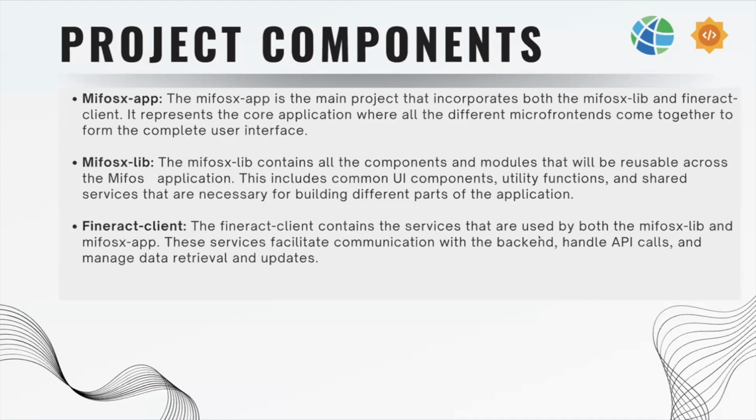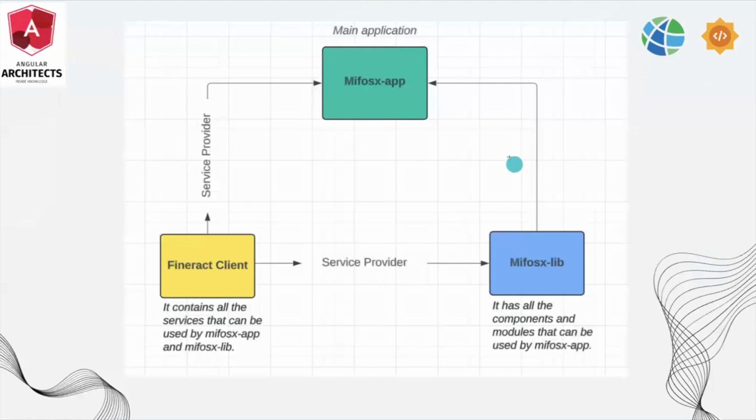And we have the Findia client. The Findia client contains all the services that interact with the backend API and provide the services to the Mifos library and the Mifos application as well. Next slide. Here is the architecture of our project.